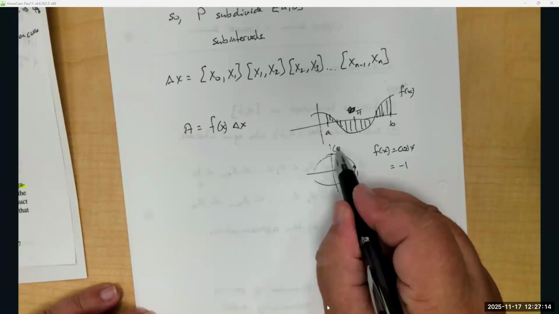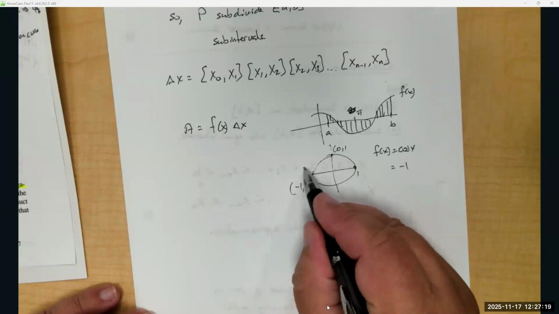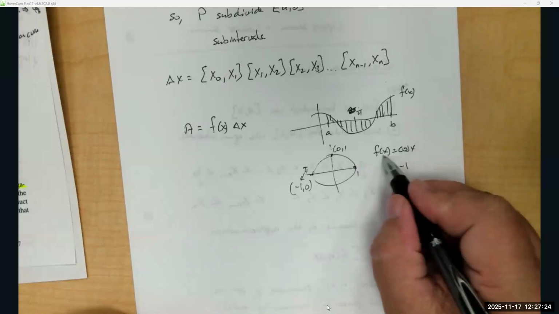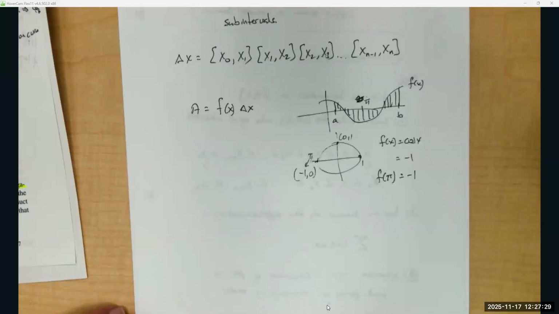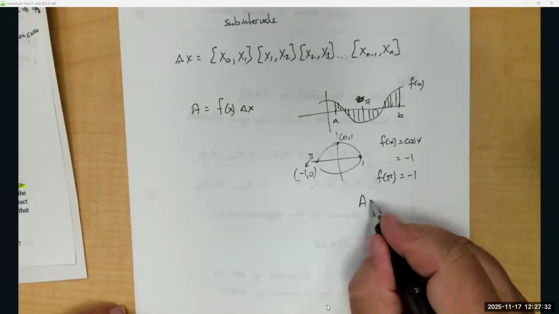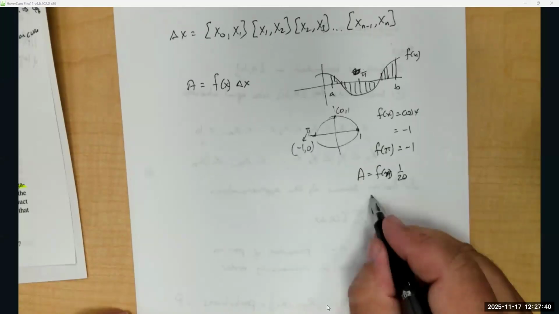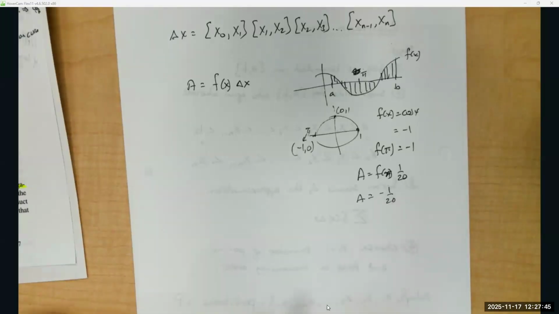At pi over 2, it's 0. And at pi, it's negative 1. So f of pi equals negative 1. So my area at pi and, let's say, 1 over 20, will give me an area of negative 1 over 20. So it is possible. Again, it's relative, because your function has to be defined relative to the x-axis.